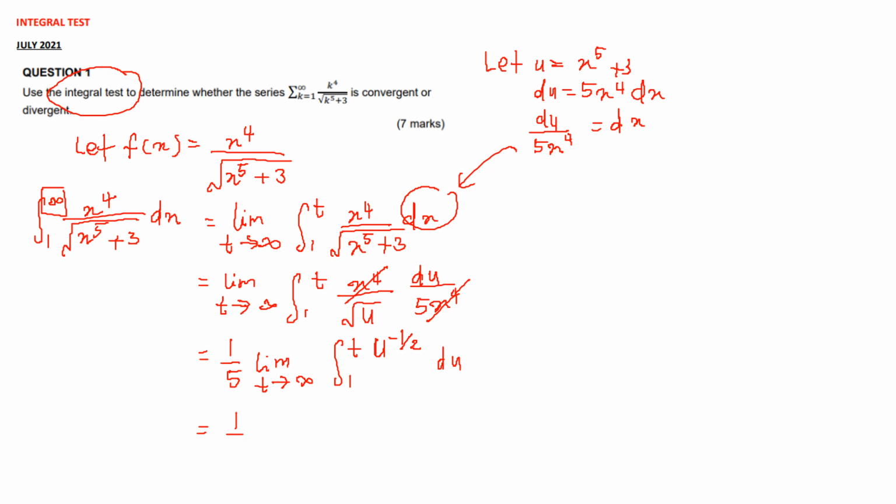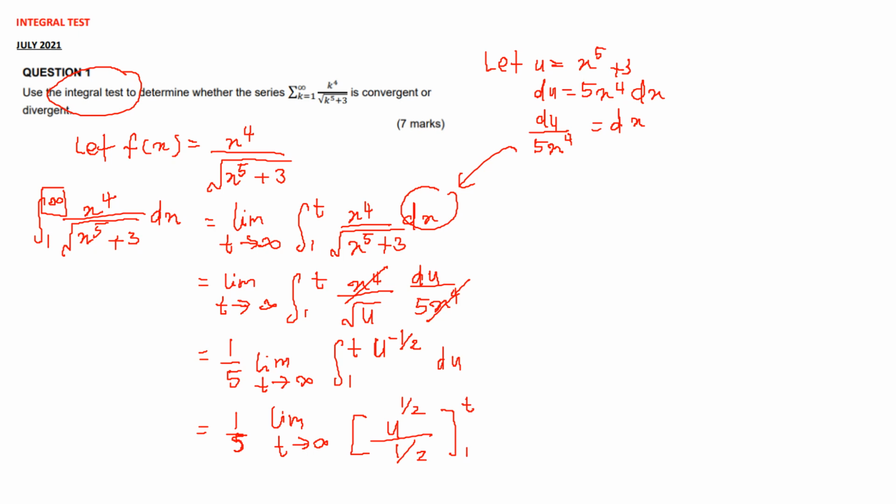So when you integrate, you will get 1 over 5 limit t approaching infinity, u power of 1 over 2 over 1 over 2, from 1 until t.